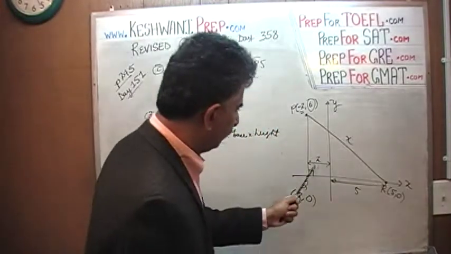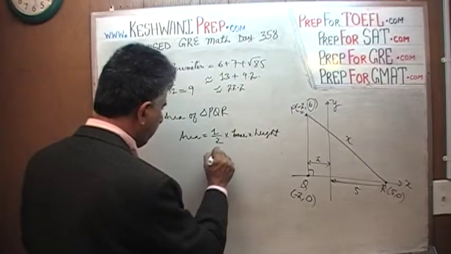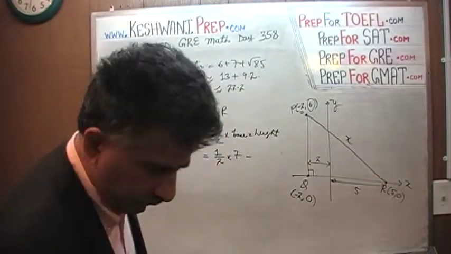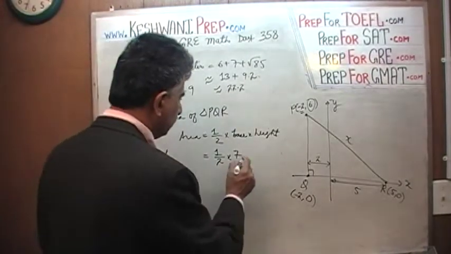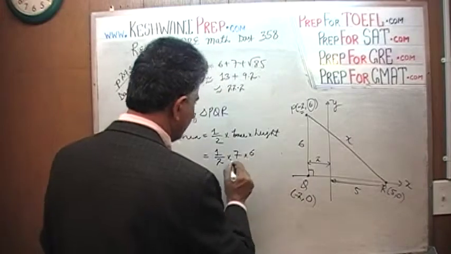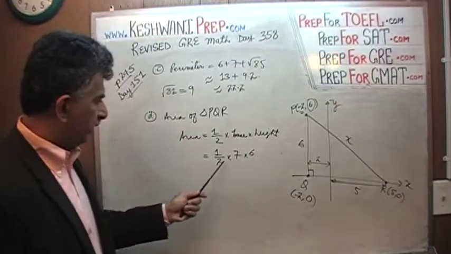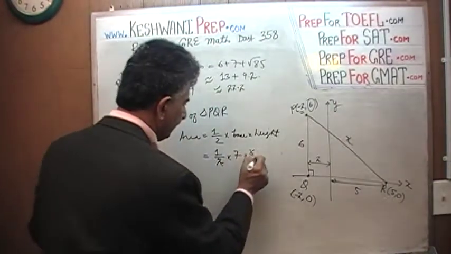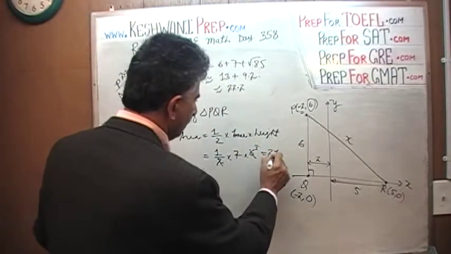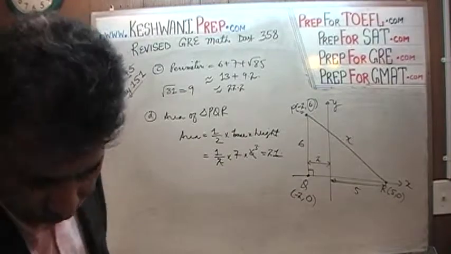For the base we know it is 2 plus 5, which is 7, and the height we know is 6, right here. So if we divide top and bottom by 2, the 2 cancels out and this becomes 3, and we get 7 times 3, which is 21. The area of this triangle is 21.